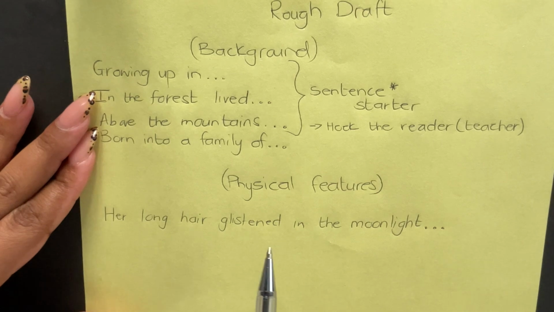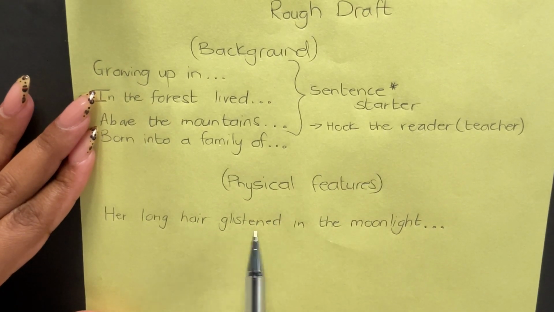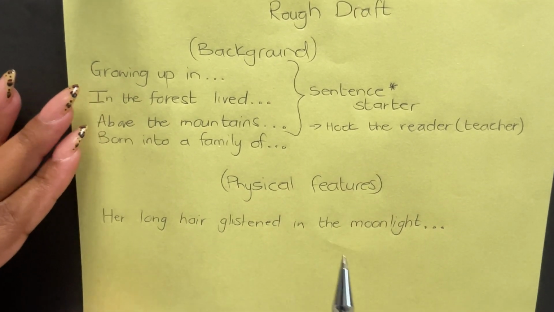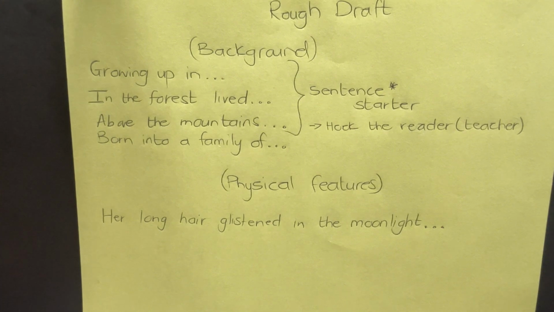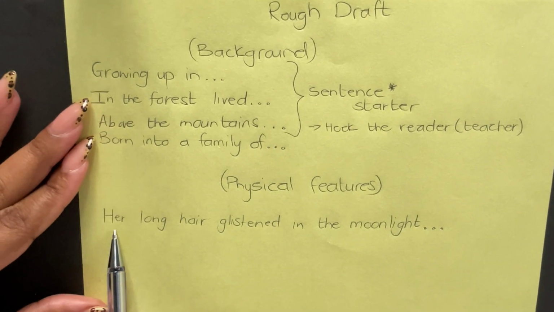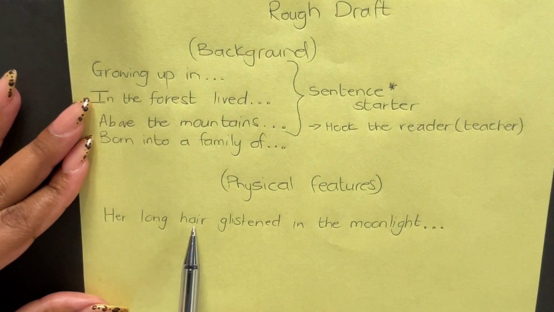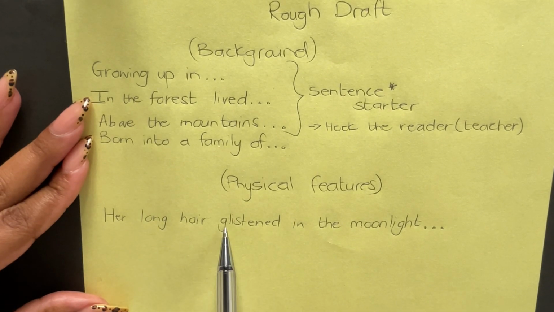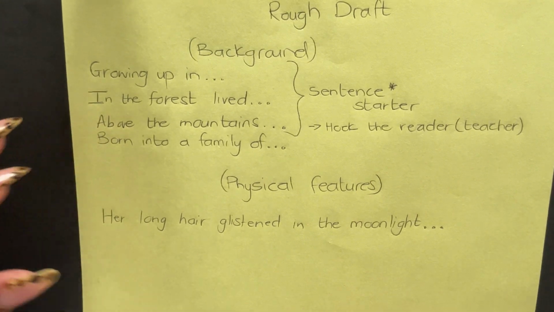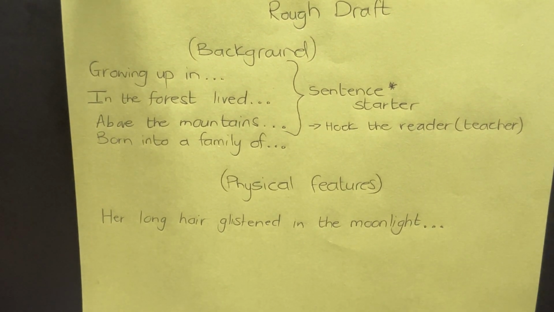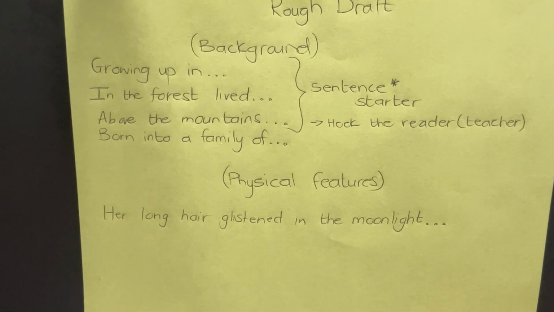Right, now, what does glisten mean? Glisten basically means something that shines or is sparkly, right? Now, we are looking at her hair. We are saying that her hair is long and it shines in the moonlight. But we can also extend on this sentence, making it a bit more interesting.